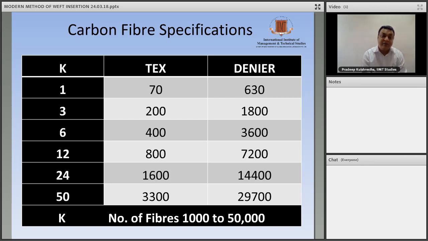So 1K is approximately 600 denier. Everyone knows denier in weaving. And 50K is 29,700 denier. In this way, 1K is the finest and 50K is the coarse yarn. For fine fabric weaving, we can use 1K, 3K, 6K. And for industrial use, commercial use, building technology, we will use 24K, 50K, like this, coarse counts.